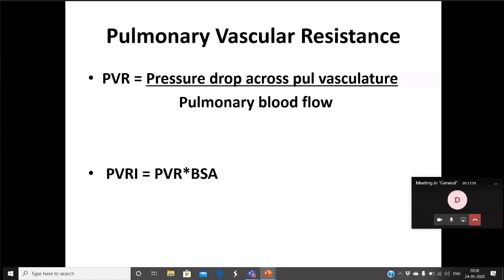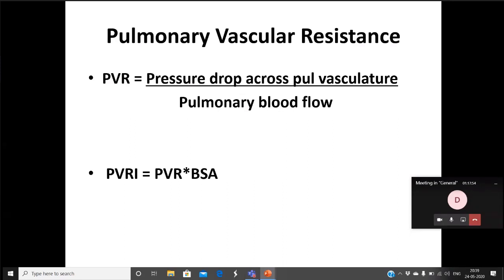But if we want to be perfect, then you should say pressure drop, mean pulmonary artery pressure minus left atrial pressure divided by pulmonary blood flow. That is the correct answer. For practical purposes, we always make use of the pulmonary arterial wedge pressure, because vein occlusive disease is extremely uncommon, and also we will not always be able to enter the left atrium. So we always make use of the pulmonary arterial wedge pressure tracing.